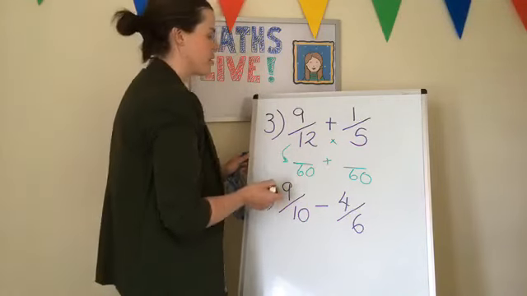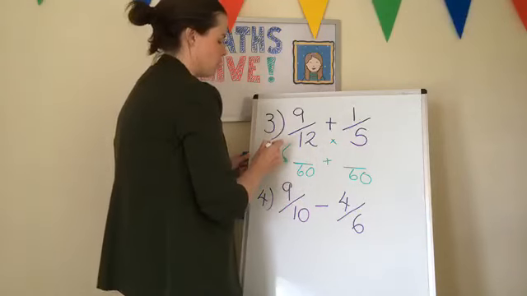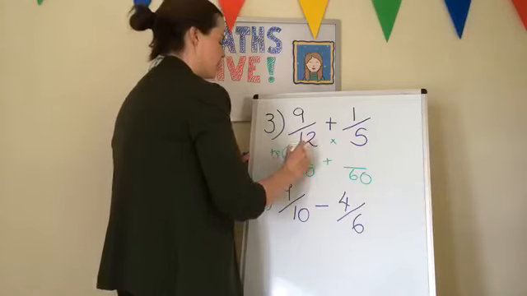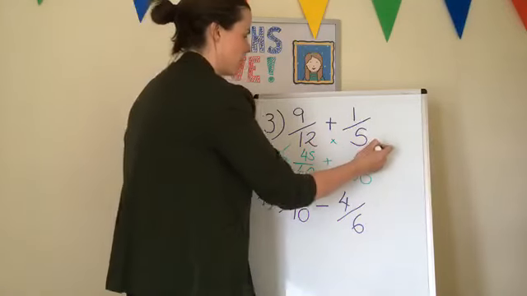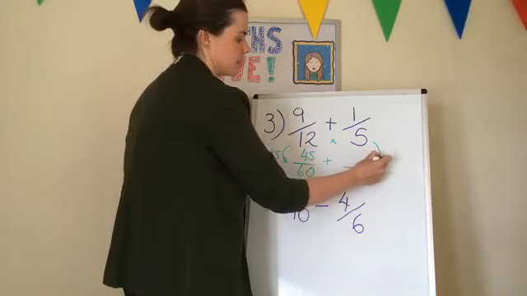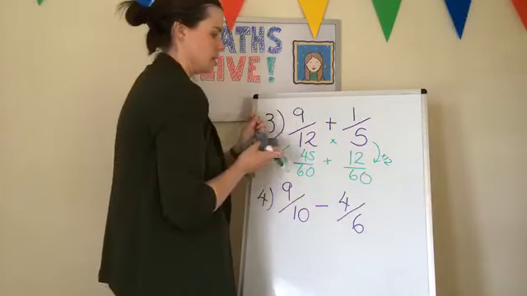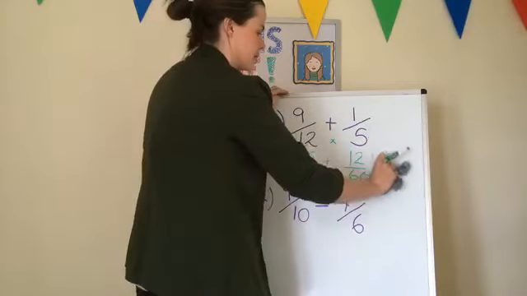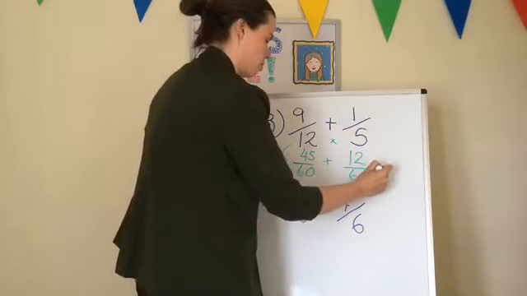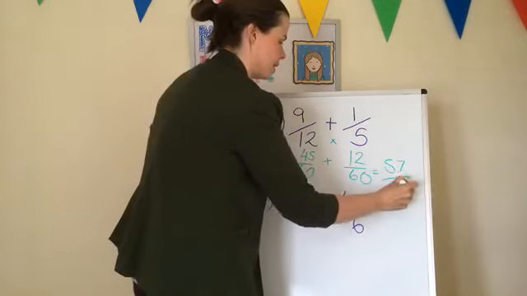Times it by 5, do the same to the 9. 1 9 is 9, 2 9s are 18, 3 9s are 27, 4 9s are 36, 5 9s are 45. What did you do to 5 to make it into 60? Times it by 12. Do the same to the top. That is 12. Whoops, there goes my lid. So add these together. That is 57 over 60.